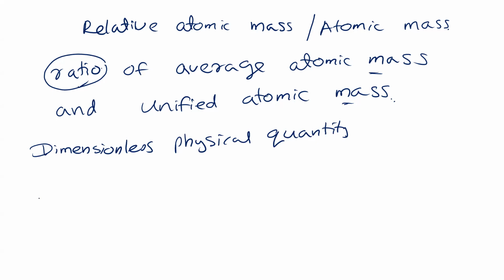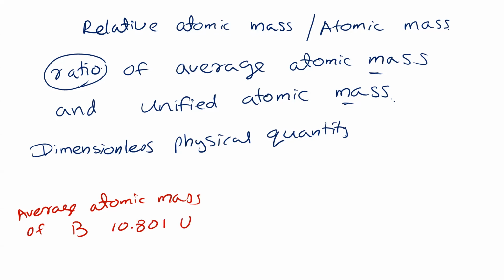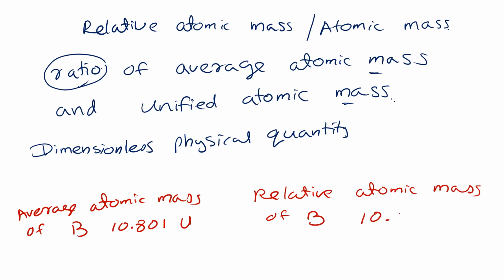If I'm showing the average atomic mass of boron as 10.801 U, I can show my relative atomic mass of boron simply as 10.801, without the unit U. Why?